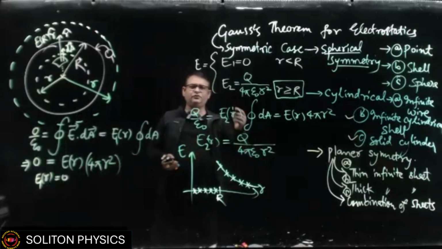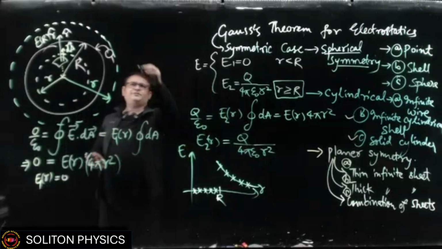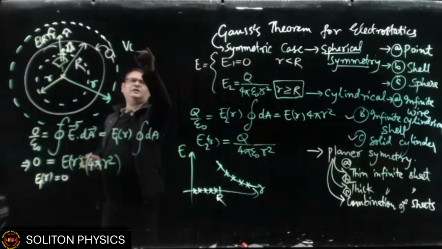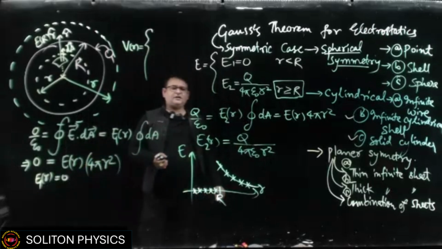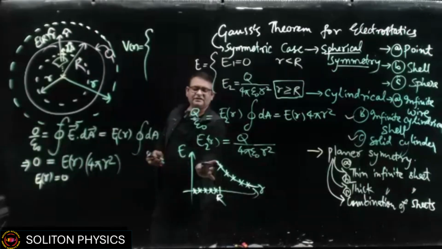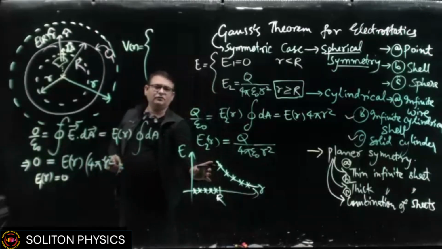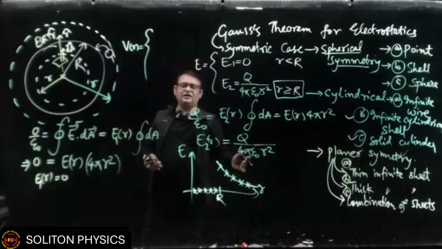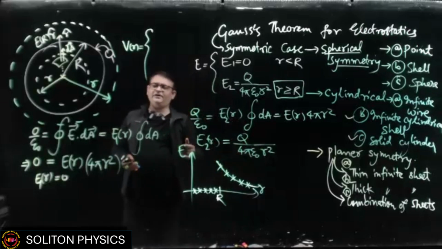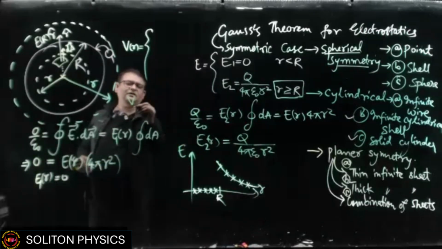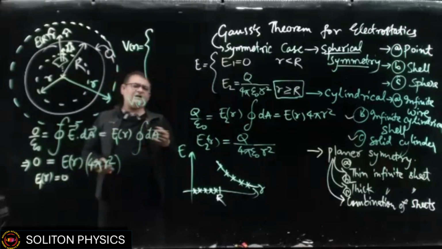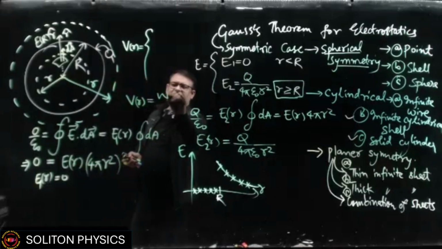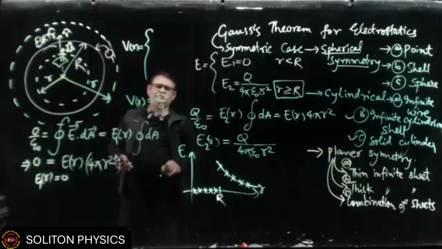Now, if somebody asks, what is the potential? Okay, I'm also going to do potential. What is the potential as a function of r for this shell? See, the field inside is 0. So whatever work done, right, we define potential as work done per unit charge.